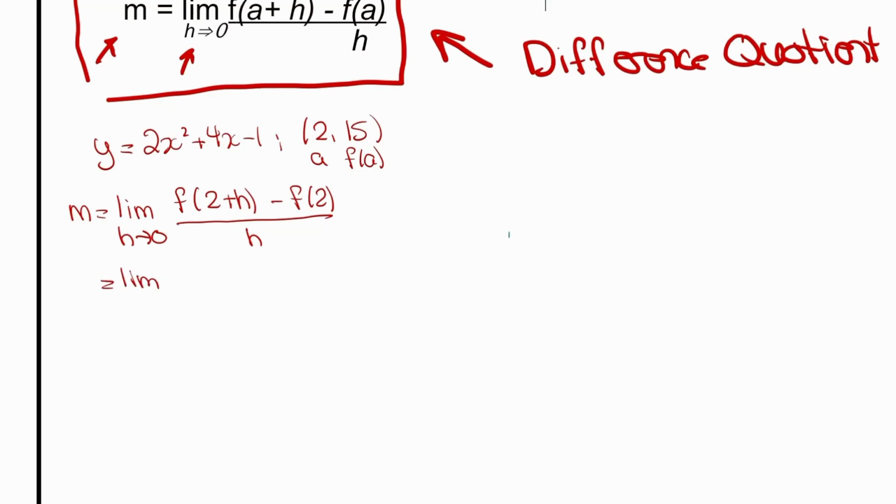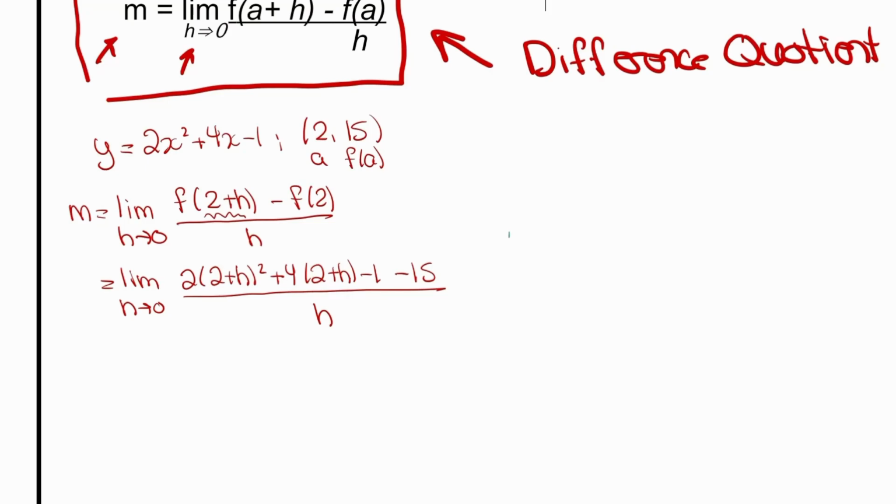So let's fill that into our equation. Everywhere there is an x, we're going to put 2 plus h in our original equation. So we have 2 times 2 plus h squared plus 4 times 2 plus h minus 1, and then minus our 15 value all over h.